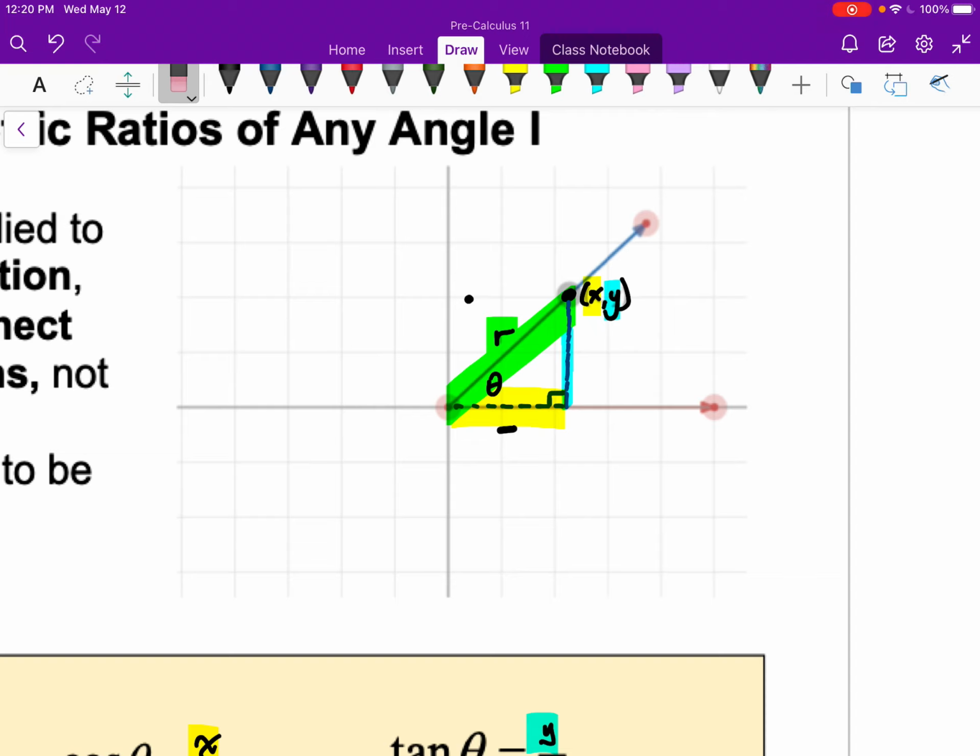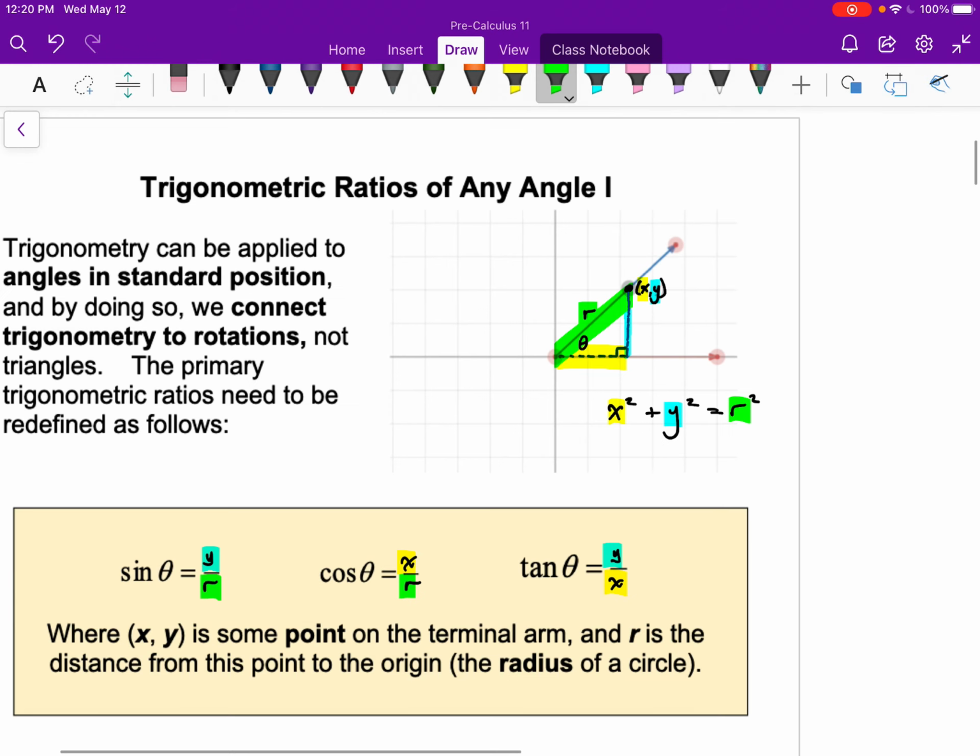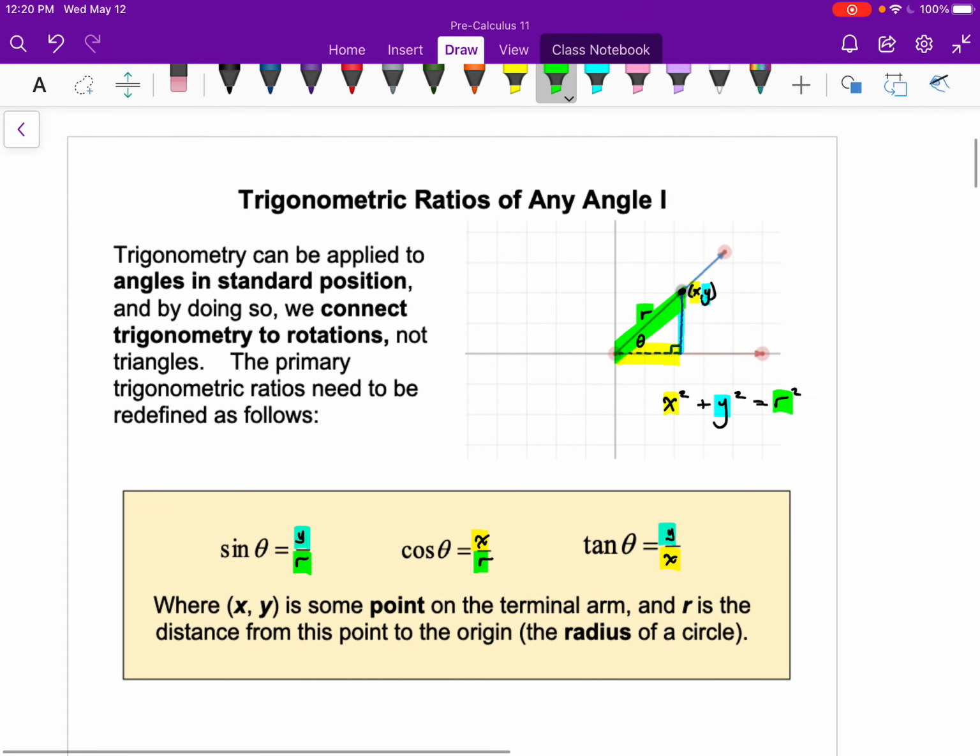In this case, we could think of it as x squared plus y squared equals r squared. Again, essentially just the Pythagorean theorem right there. That equation, which is just the Pythagorean theorem with x, y, and r instead of a, b, and c, is what relates these three variables together, x, y, and r.